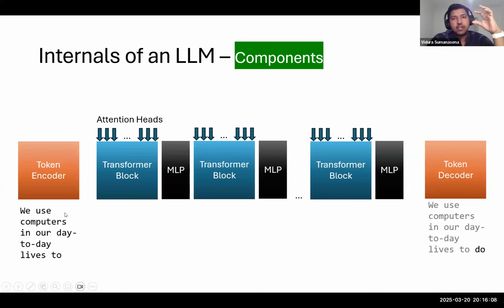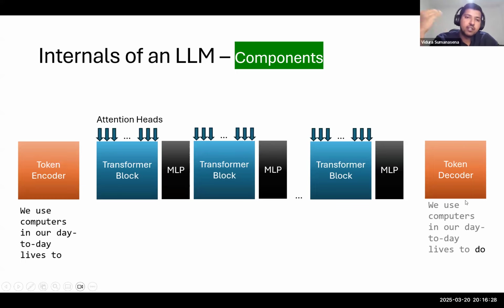But what internally happens is, whenever we pass in a text, like "we use computers in our day-to-day lives," it will pass this text to the large language model. It will do some transformations, and it will come up with the next word, which is "do."